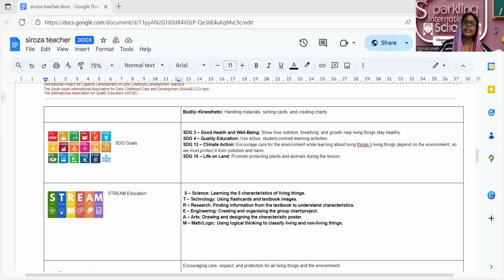SDG 13, climate action, and SDG 15, life on land: it discusses plants, animals, and the importance of protecting life on earth. They learn every living thing depends on each other.